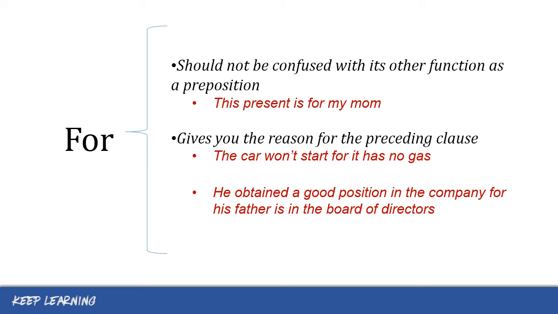Here, the car won't start for it has no gas. As I told you, this is not very much used in modern English. It means the same, or what normally people would say is the car won't start because it has no gas. And it's the same meaning.